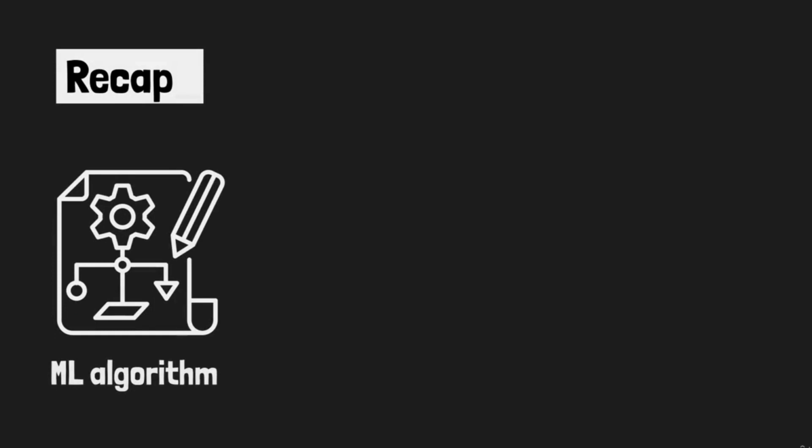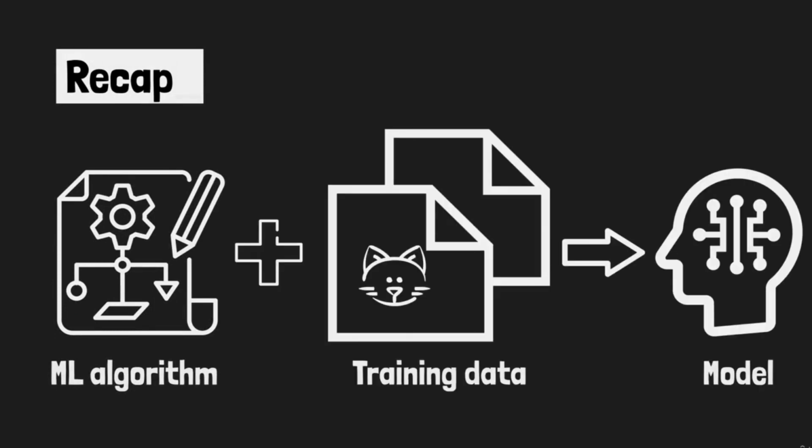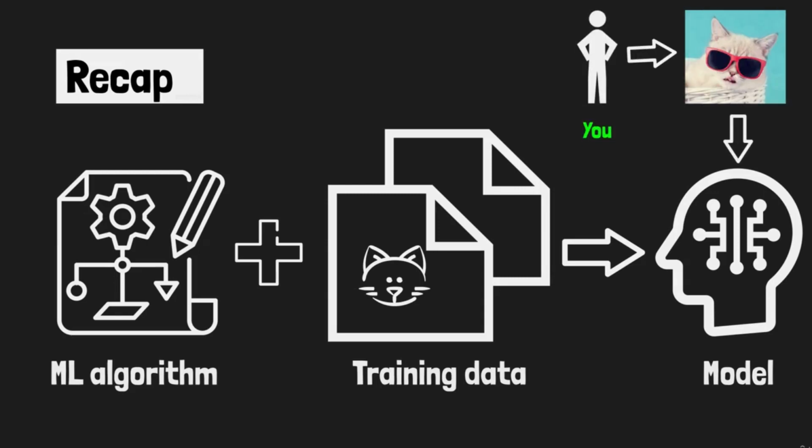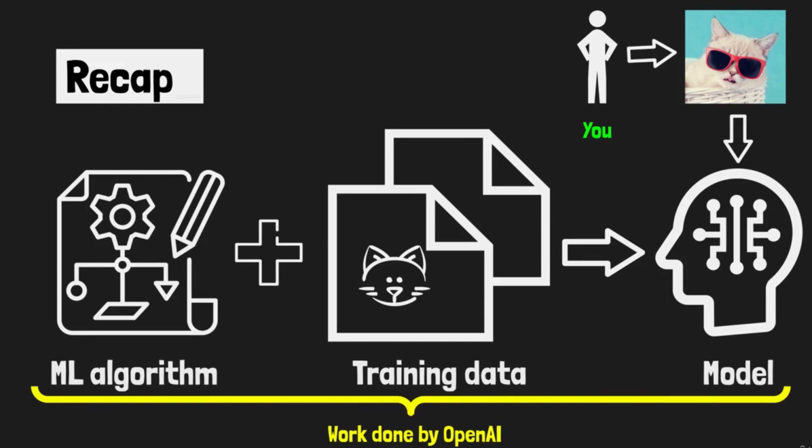So to recap, we develop a machine learning algorithm which can create a machine learning model which we can then use on new data. When dealing with OpenAI, we work with models that are the result of training with a particular machine learning algorithm developed by OpenAI.